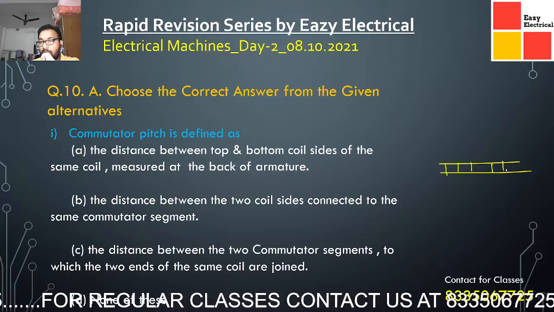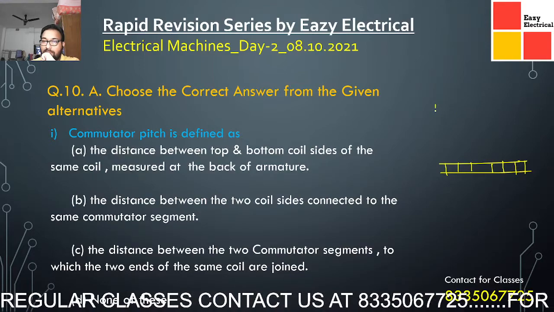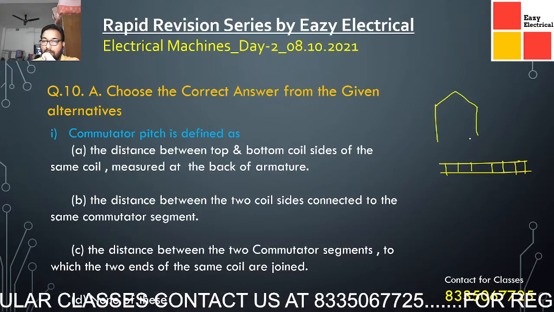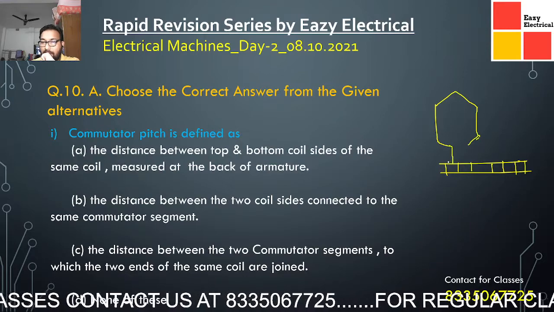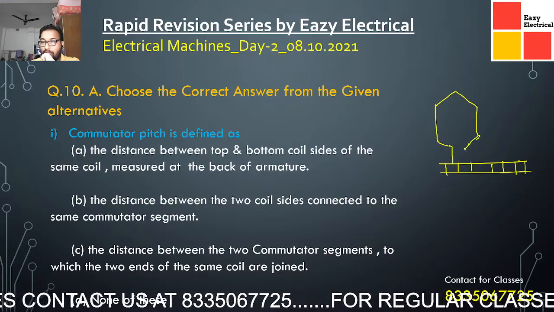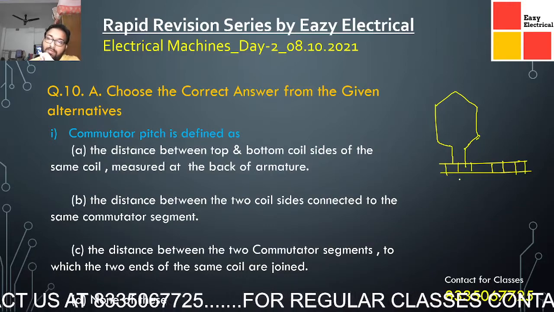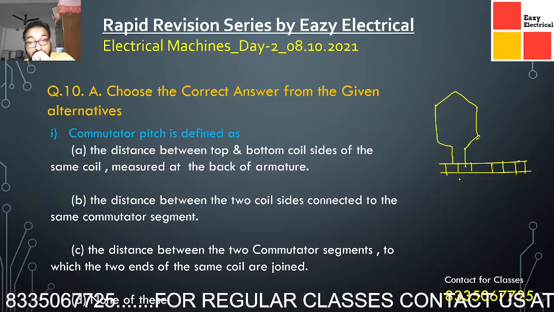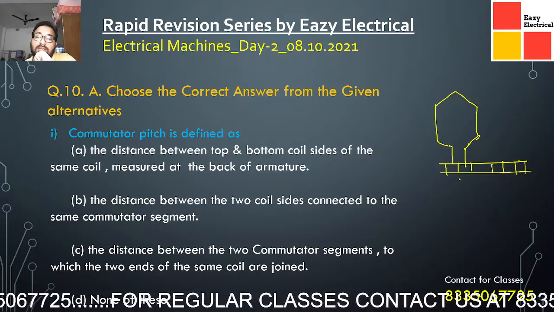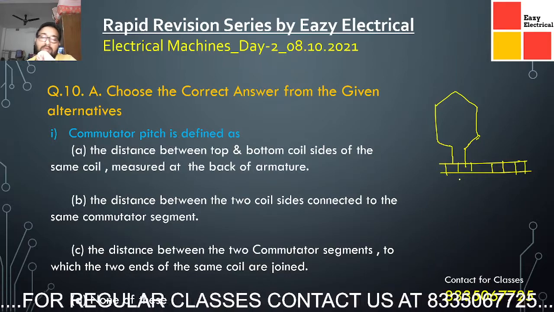Now what is commutator pitch? Suppose I am having a coil like this. One coil end is here, and another coil end I have put somewhere like here. So the separation between the two ends of the same coil, by how many commutator segments it is separated, is called the commutator pitch.